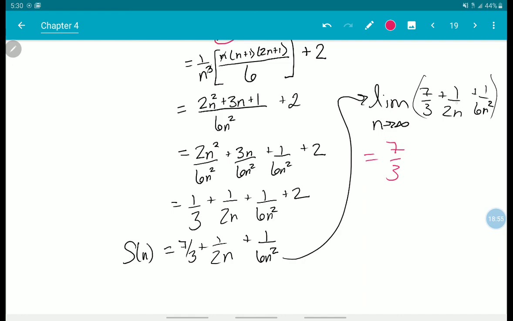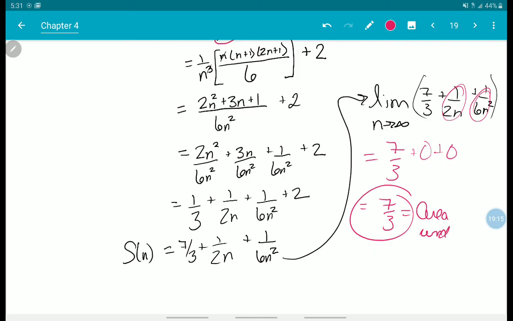But 1 over 2n, as n gets bigger and bigger, that n is in the denominator, so that whole fraction is going to get smaller and smaller, and it's going to approach 0. The same thing is going to be true for that second one. That guy's going to go to 0. So, our area is going to be 7/3. So that's the area using that limit process.